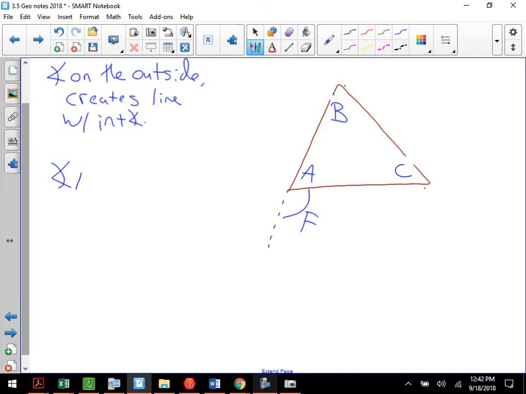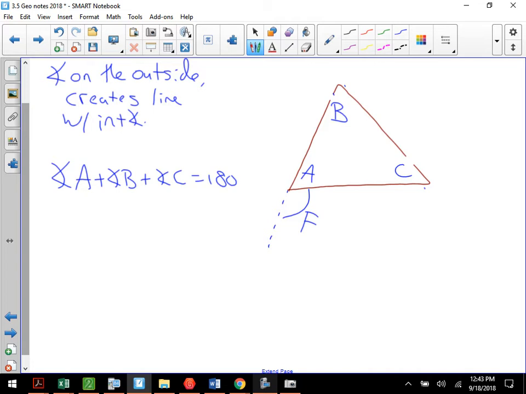If you use what's called the triangle sum, I'll write that out here again. Sum of the interior angles in a triangle always equals 180.